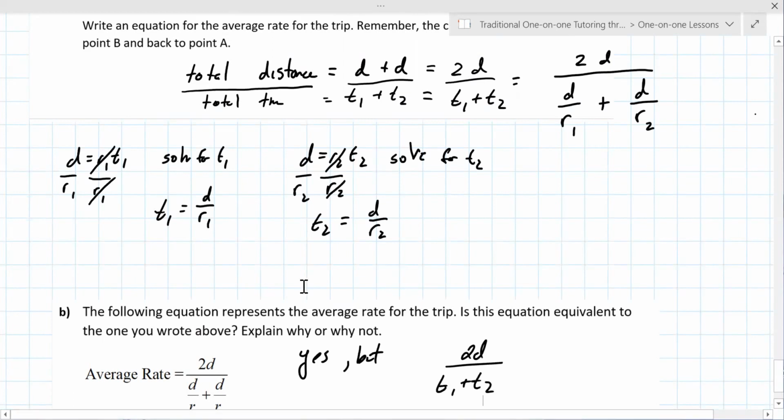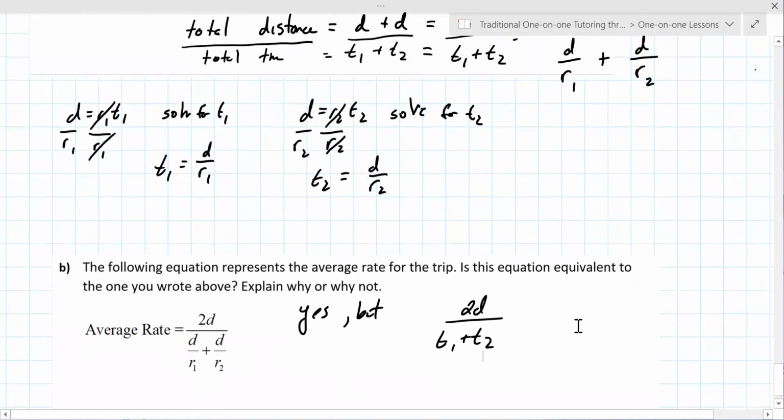So what your instructor is trying to show you here is that the average rate can be in terms of distance and time, or it can be just in terms of distance and the other rates. See how there's no times on this one on the left, but there's time on this one on the right. So sometimes, in a scenario, one thing or another.